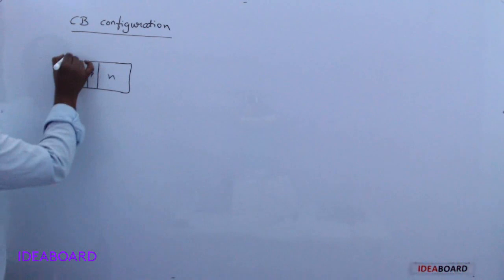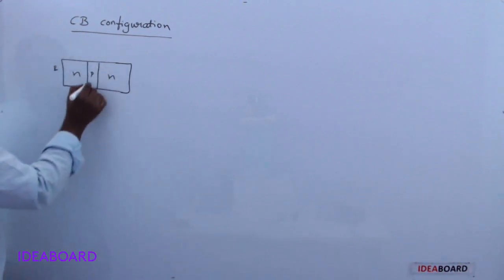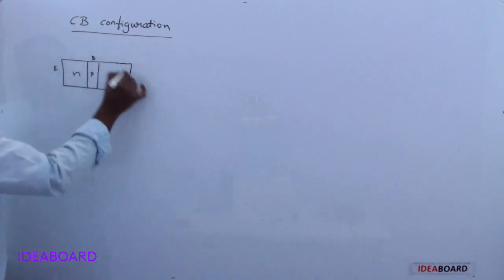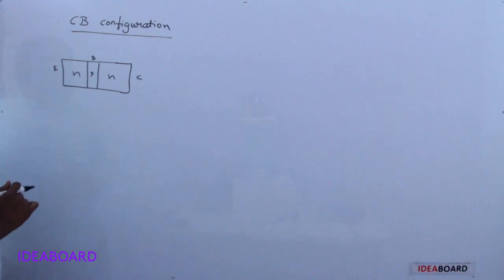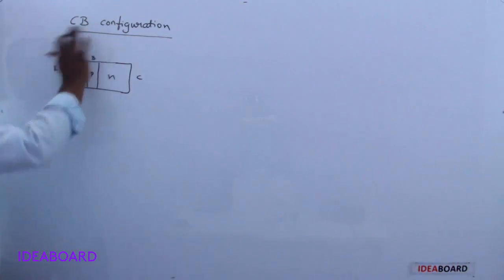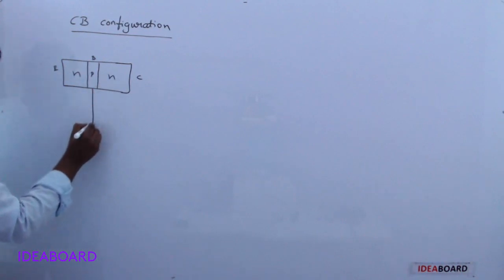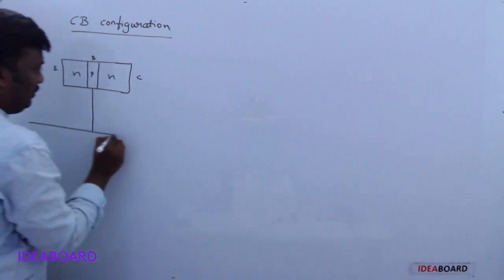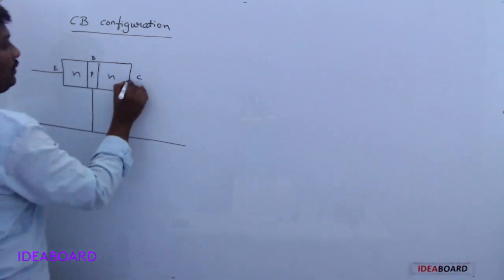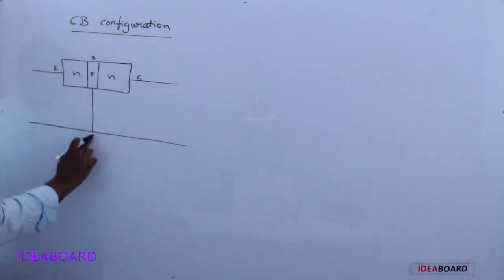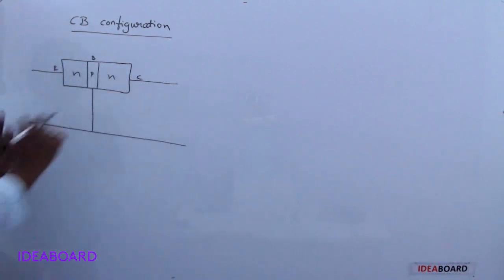So this is emitter, this is base, and this is collector. In common base configuration, base is common for both input and output. Properly see, this is base, and base is common for both input and output.